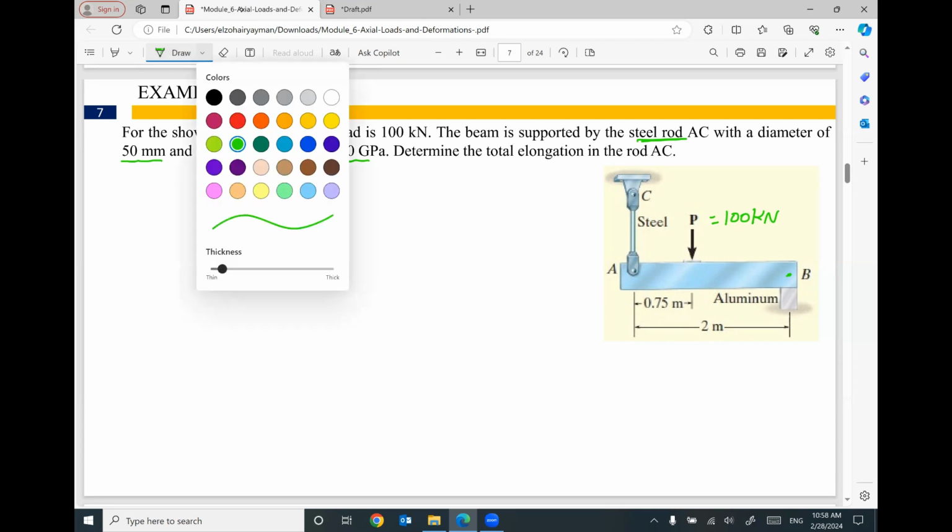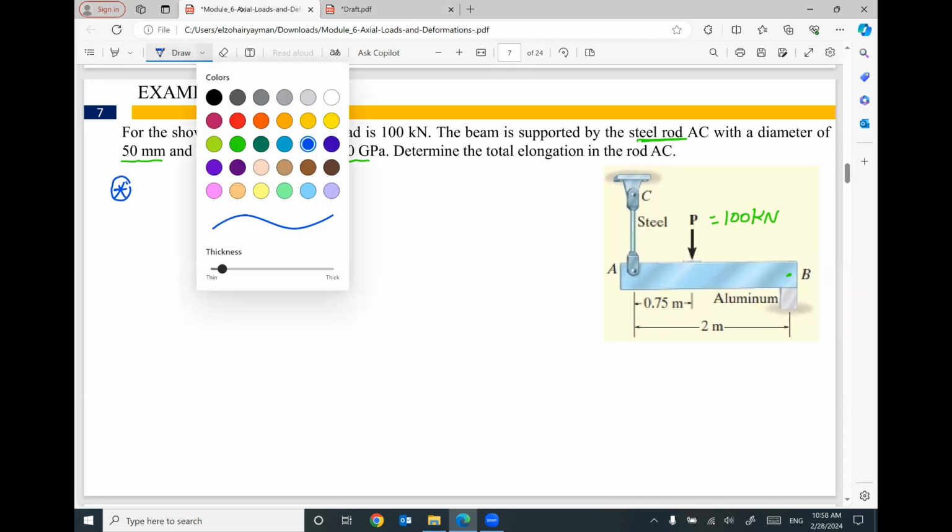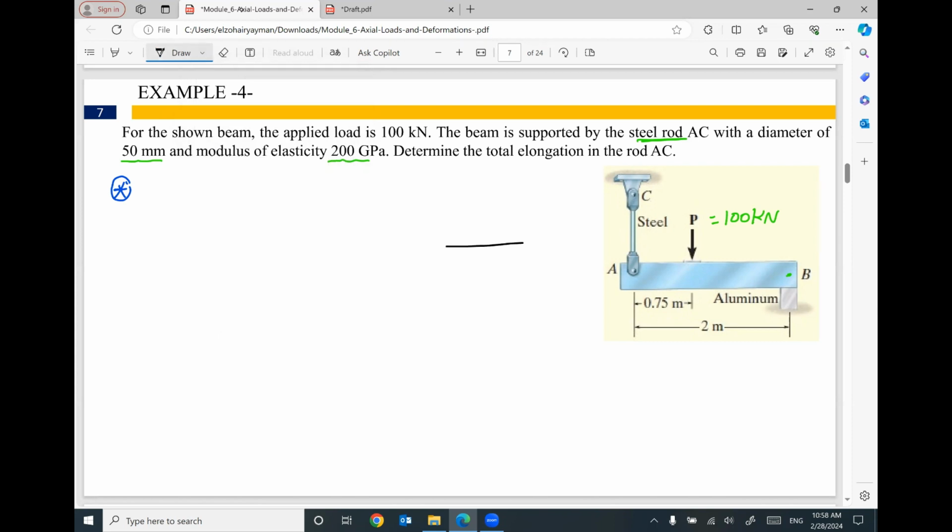To solve this problem, we have two parts. The first part is the engineering mechanics part. This beam is supported at B with a hinge. So I will have two reactions, one horizontal XB, one vertical YB.